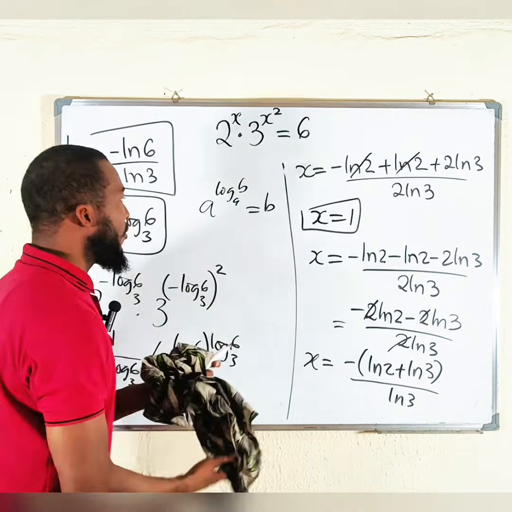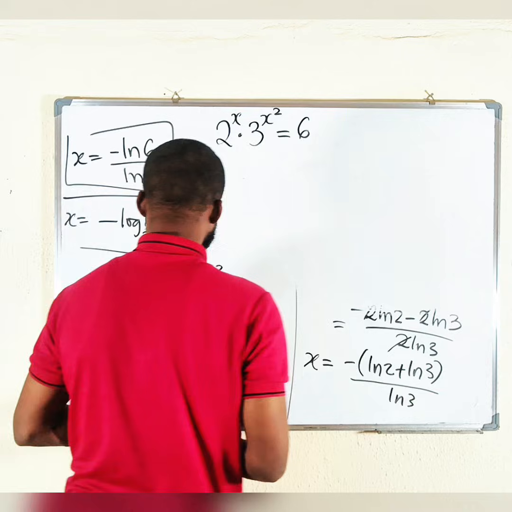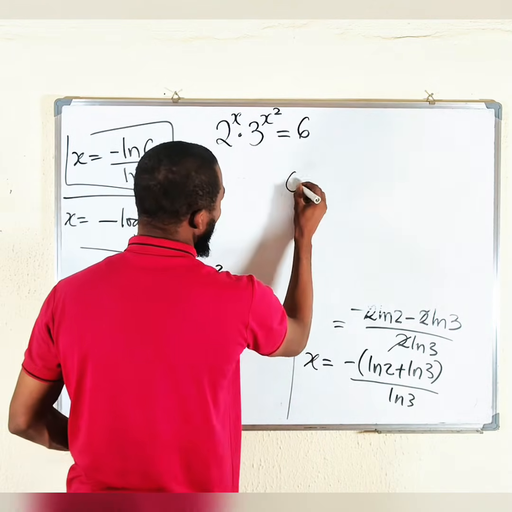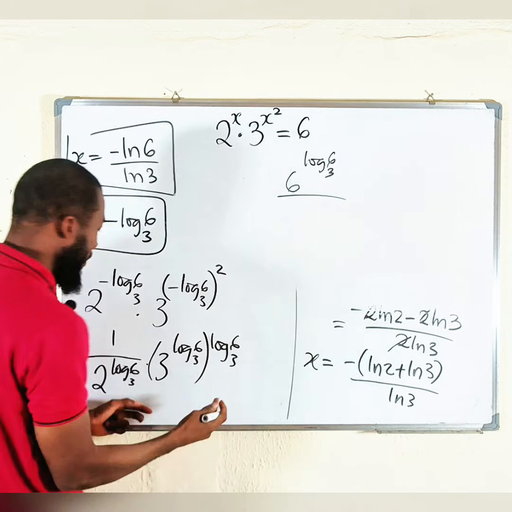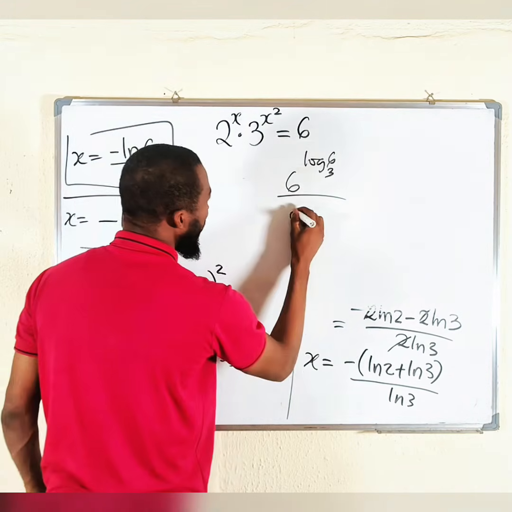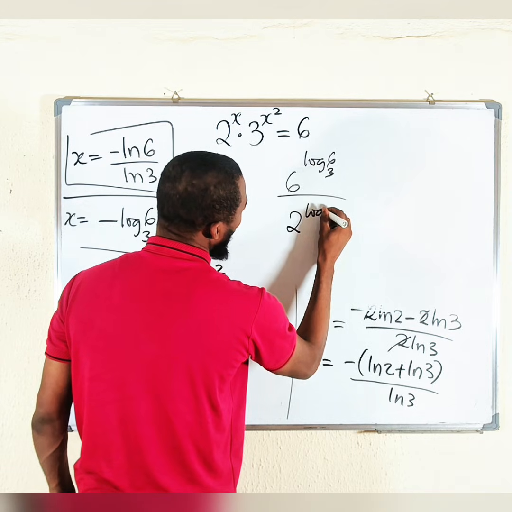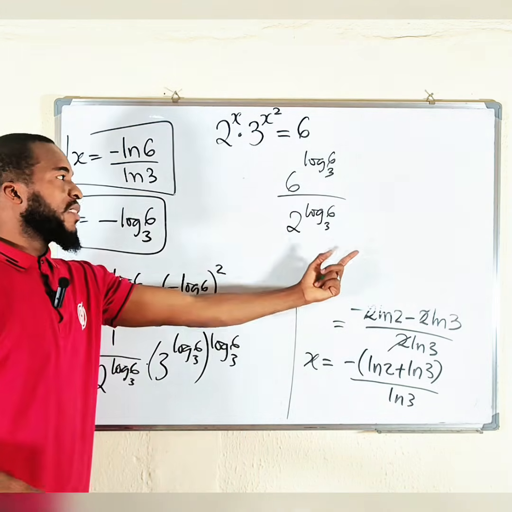You have already seen the solution. So this is 6 raised to the power of log of 6 base 3, divided by, because they are multiplying, 1 times whatever is here is that, 2 to the power of log of 6 base 3. And now you can see they share a common exponent.